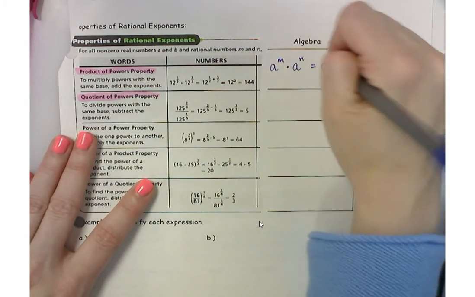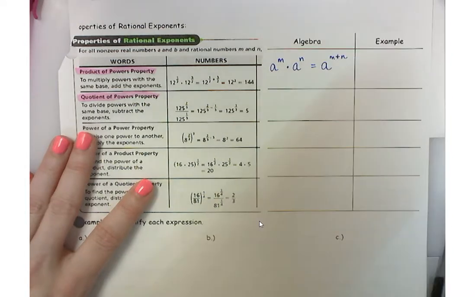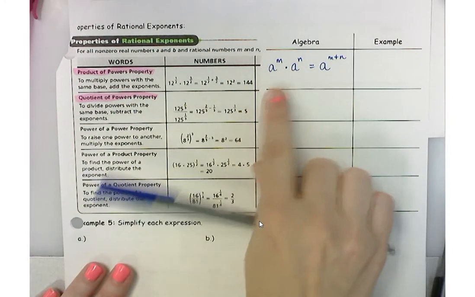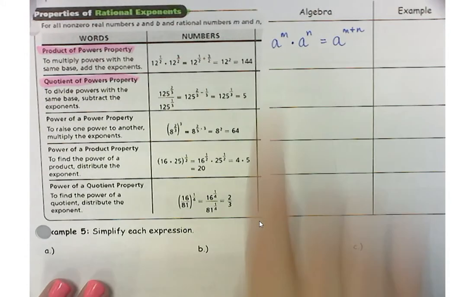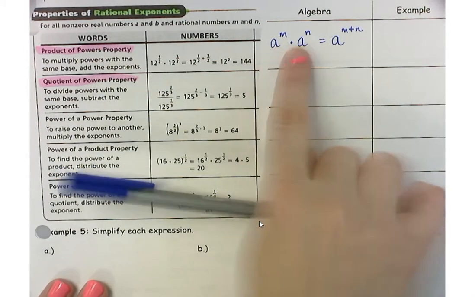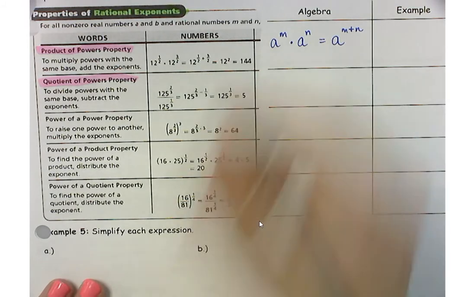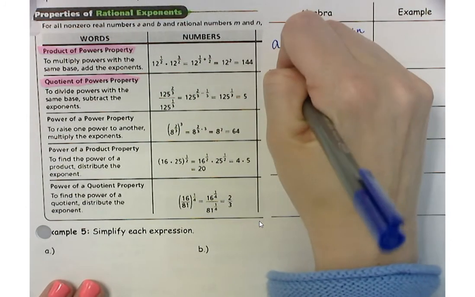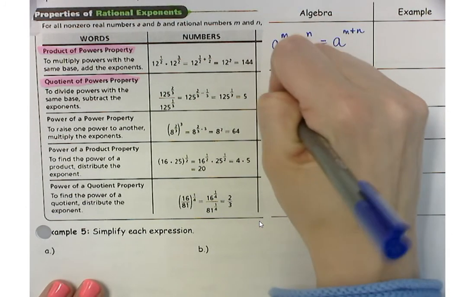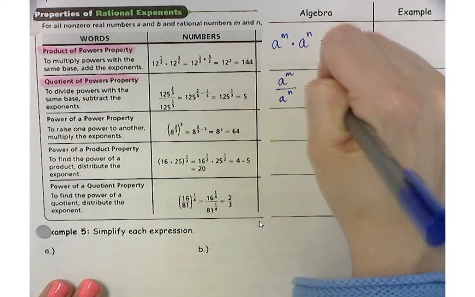Now they have to have the same base. Okay, so they have to be multiplied together with the same base, and then you can rewrite it. The quotient is if you have a to the m over a to the n, then you are going to subtract the exponents. Again, something that you already know.